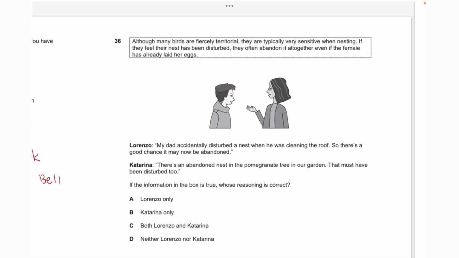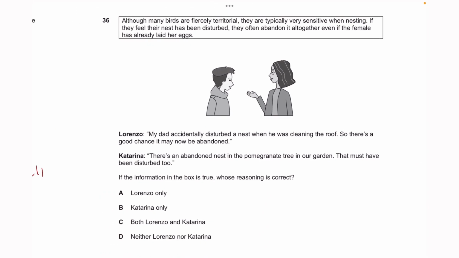Let's move on to the next part, question 36. So question 36 goes like this. It says, although many birds are fiercely territorial, they are typically very sensitive when nesting. Okay, so if they feel their nest has been disturbed, they often abandon it altogether, even if the female has already laid her eggs.